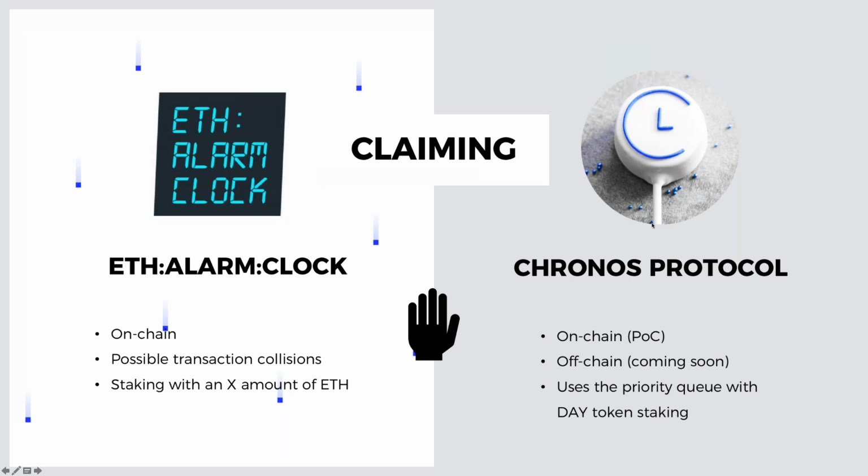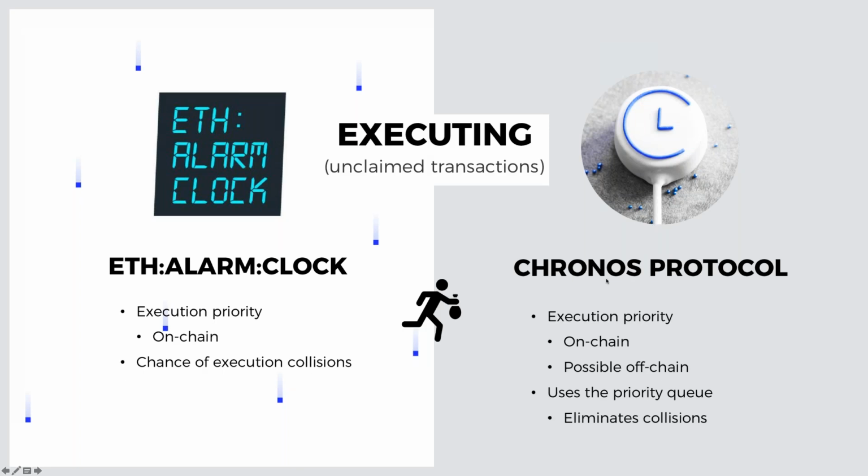Let's go over to the next point, which is executing the unclaimed transactions, because once a time node claims them, they will be the one to execute it. If they don't, they will lose their deposit, and then it will be free for other time nodes to execute these.